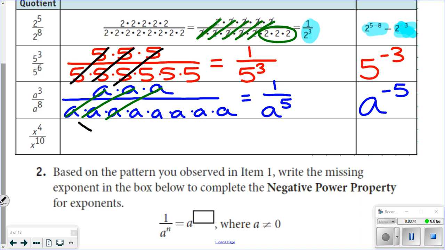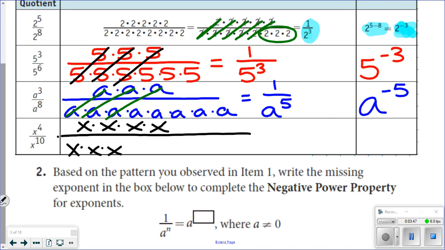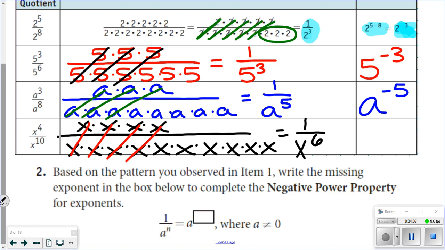And then let's do the x's. So I have 1 over x to the 6th power. And 4 minus 10 is negative 6.